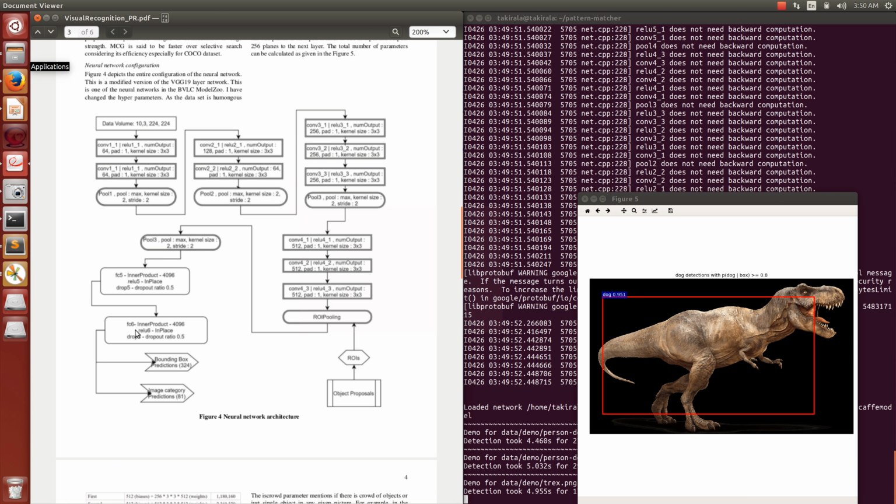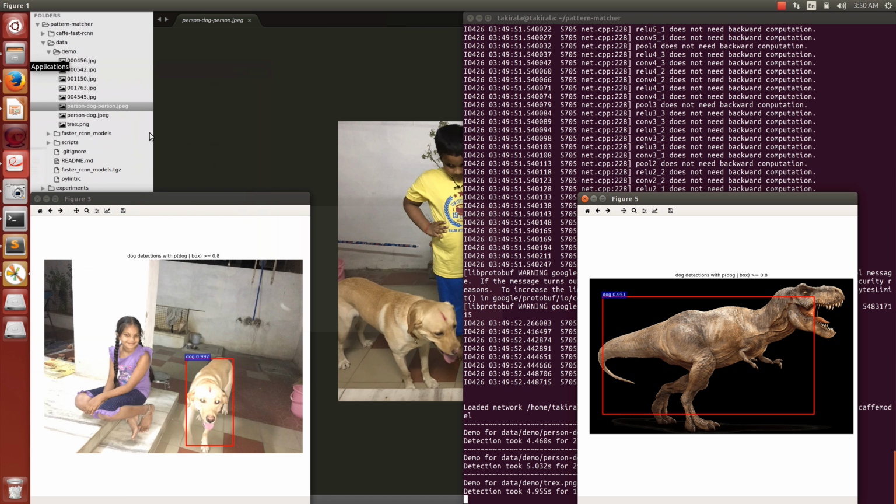At the end we have fully connected softmax layers which result in two branches, predicting the bounding boxes and the image categories. Image category predictions are into eight categories, and the bounding box predictions are into eight times 4, which is 324 categories. So these are the predictions that we have here.